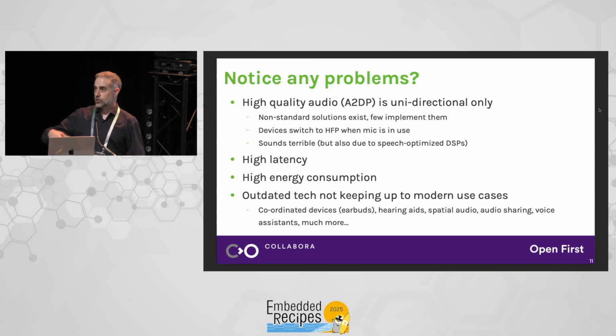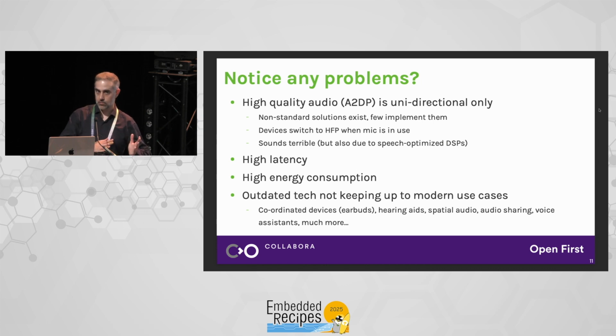When devices want to use the microphone, they tend to switch to HFP. Right? So you might have noticed you have a headset at home, a Bluetooth headset. You are listening to music, and suddenly you start a meeting, online meeting, and then you start talking, and you suddenly realize that the music sounds really bad. It sounds really bad for two reasons.